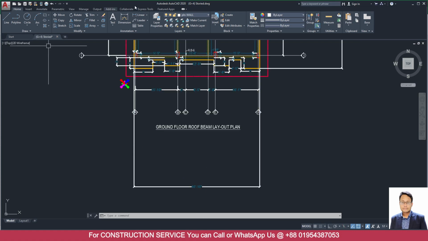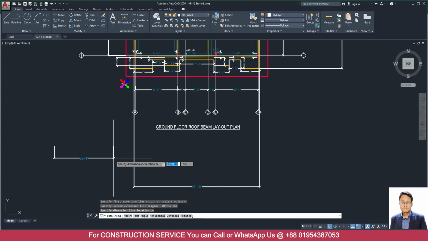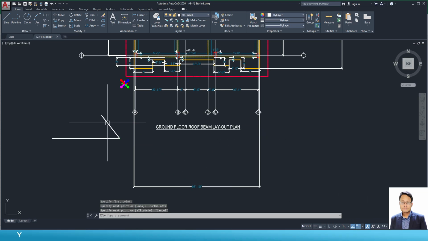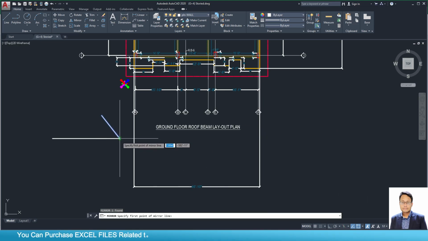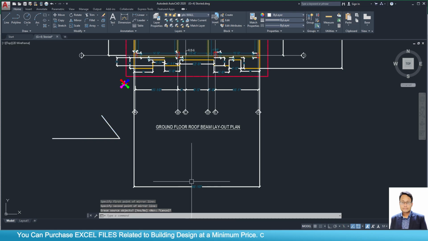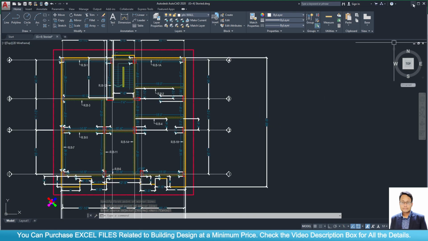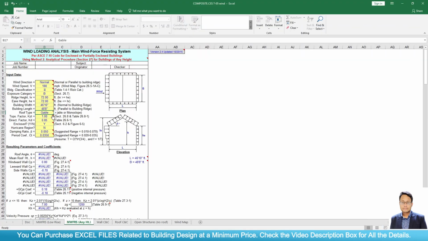Wind is passing through x direction, and here the parallel dimension I am considering as L, and the opposite or perpendicular one as B. So be careful when you are doing this. Roof type here not important at all.